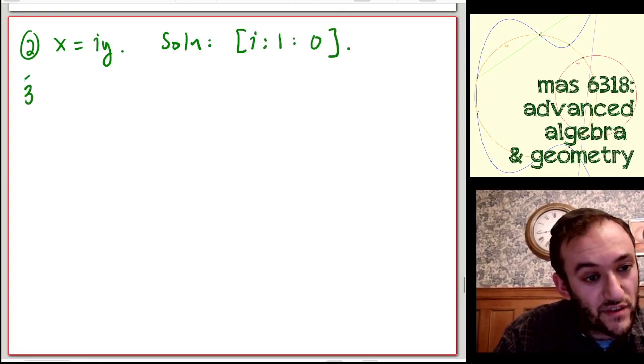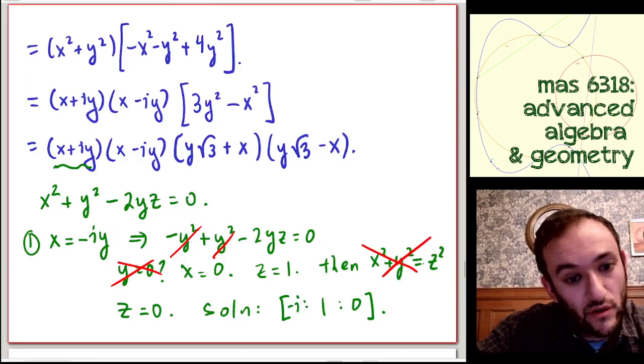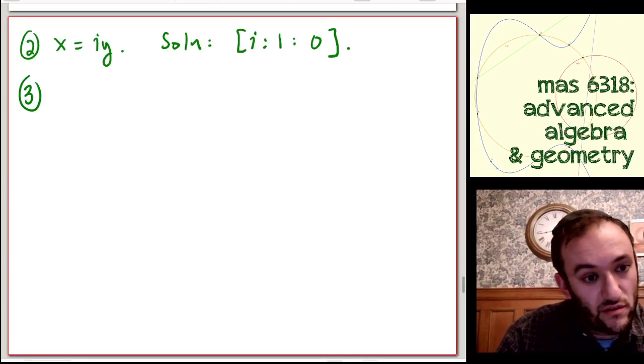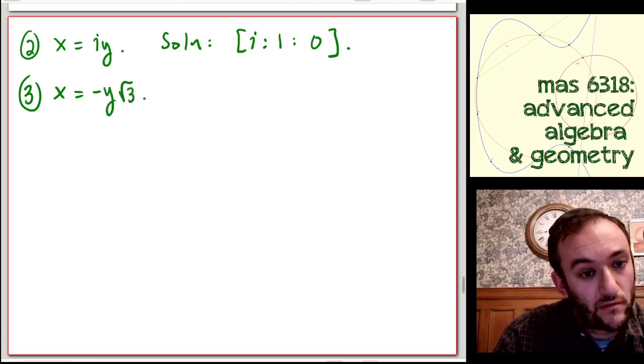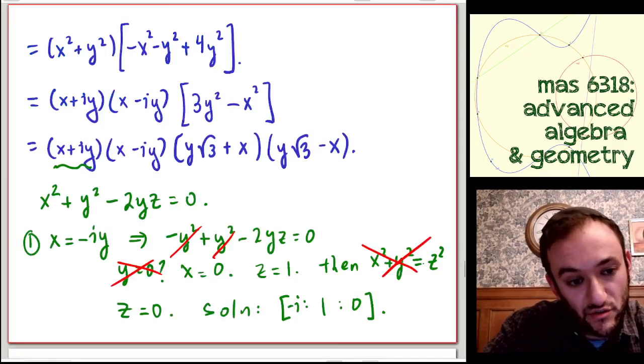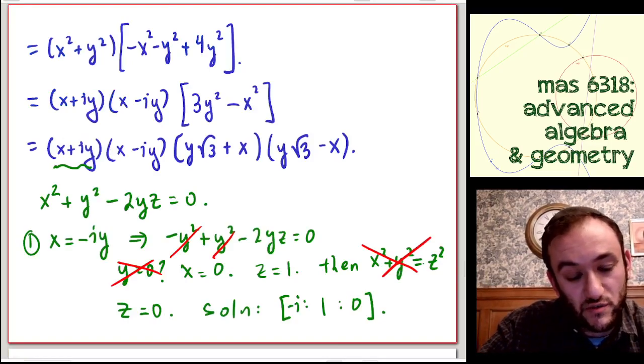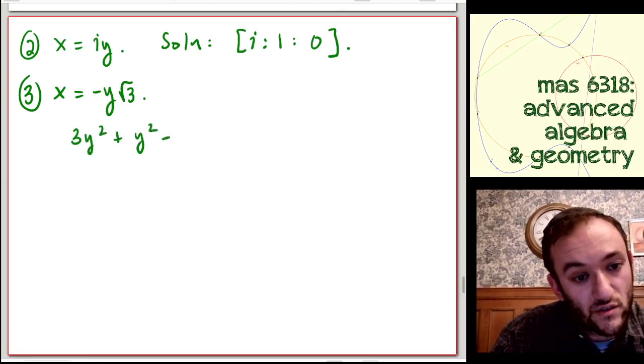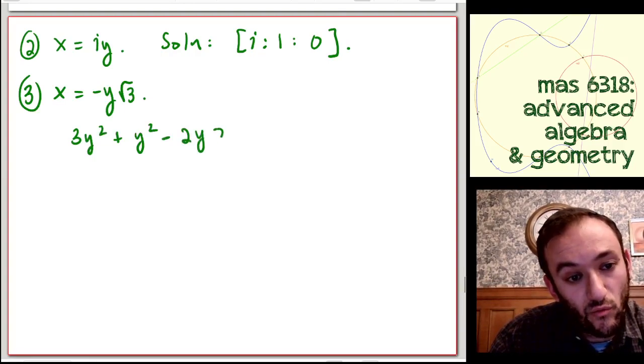Okay, as for the next factors, so we have y root 3 plus x equals 0. That means that x is equal to minus y root 3. So let's plug that into our equation here, x squared plus y squared minus 2yz equals 0. So we have x squared is 3y squared plus y squared minus 2yz equals 0.